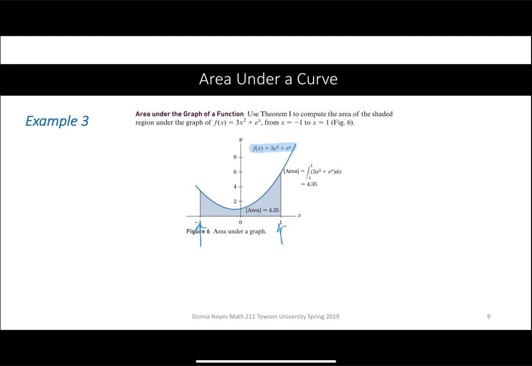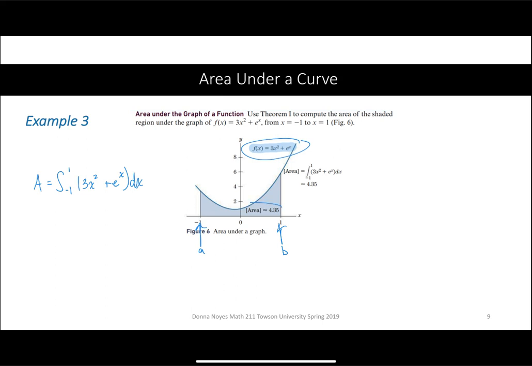So what we're going to do, and the problem is given to us there, but we're going to work it out ourselves. We're going to say that means our area is the definite integral from a is -1 to b is now +1 of our function 3x squared plus e to the x dx.